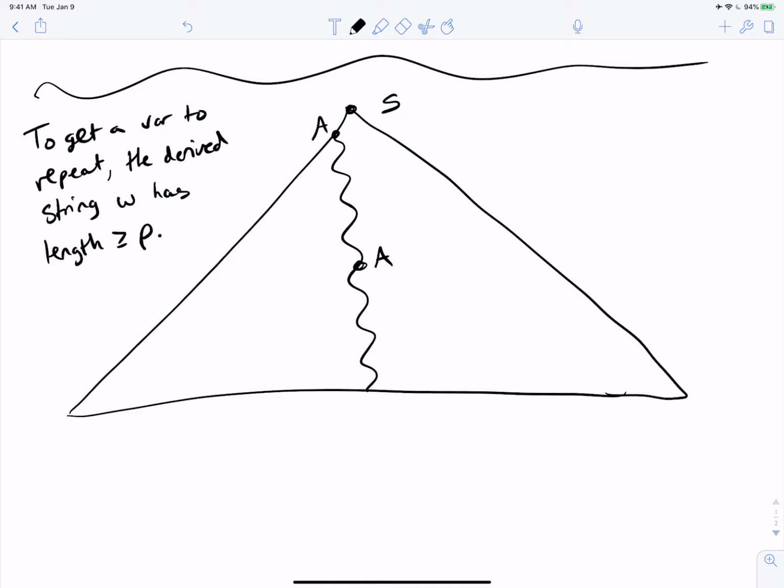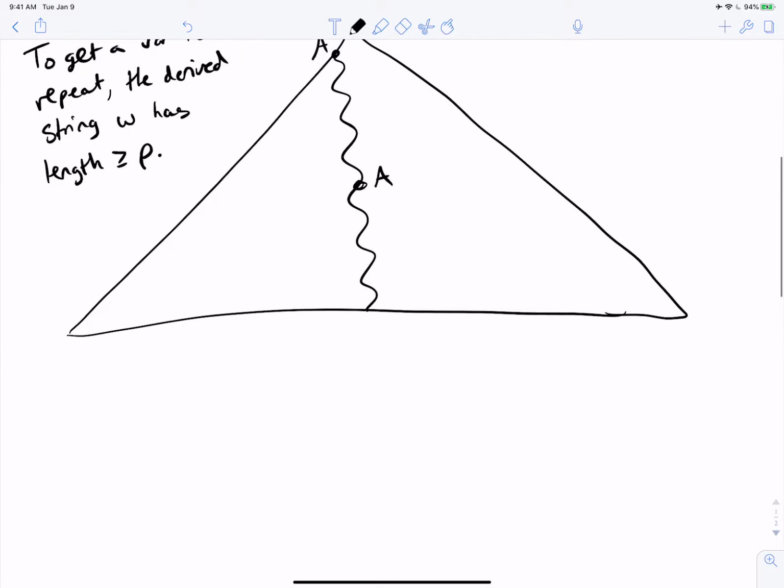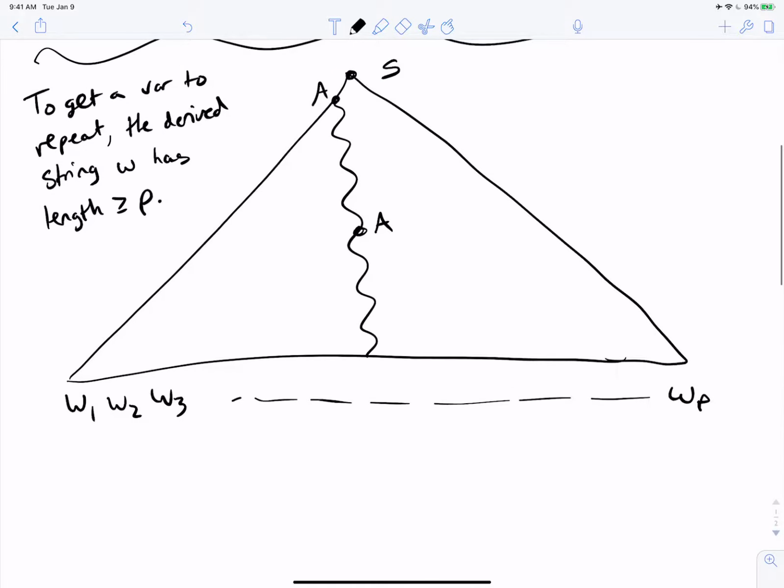I think that's still true, because as long as it's length at least p, so greater than or equal to, we're good. And if it's equal to, therefore it must be good. So let's just say that we have length exactly equal to p. So w1, w2, w3, up to wp, although that doesn't really matter.